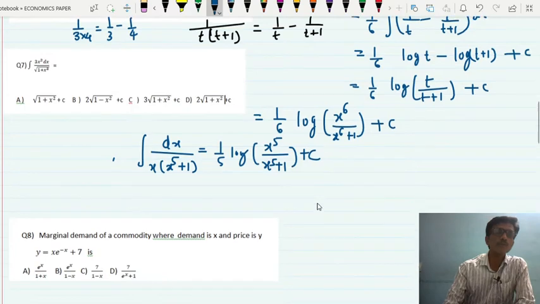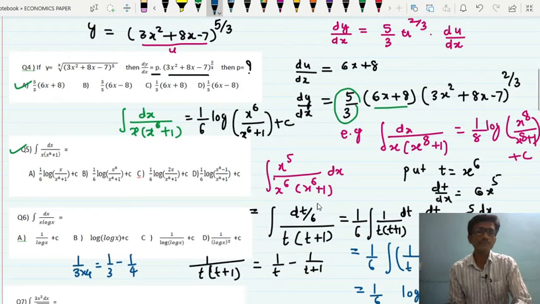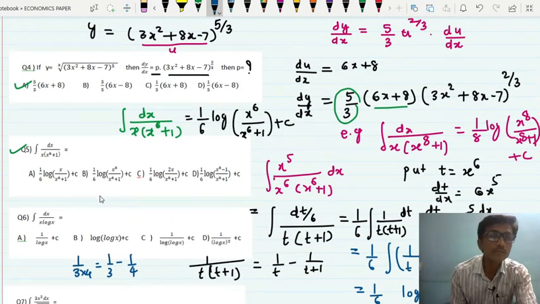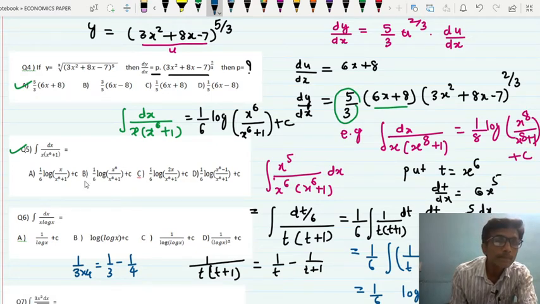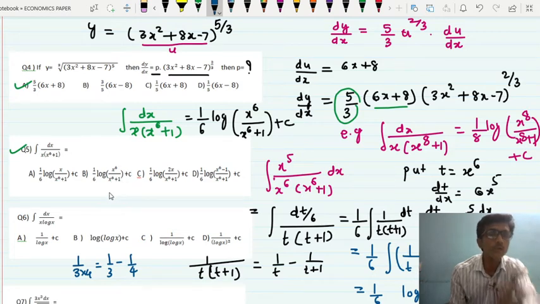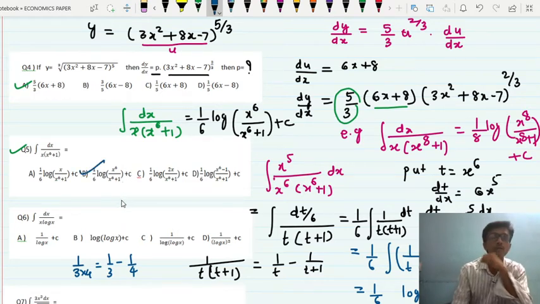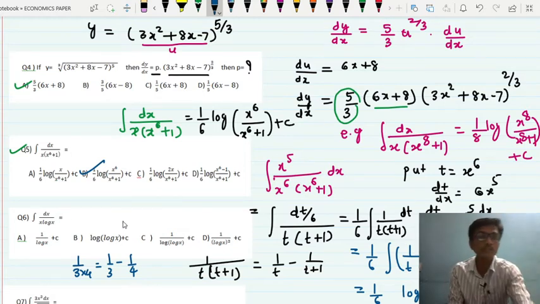Yes, this will be the correct option: 1 by 6 log of x raised to power 6 upon x raised to power 6 plus 1. Both options are the same, so this will be the option, 1 upon 6 log of x raised to power 6 upon x raised to power 6 plus 1 plus c.